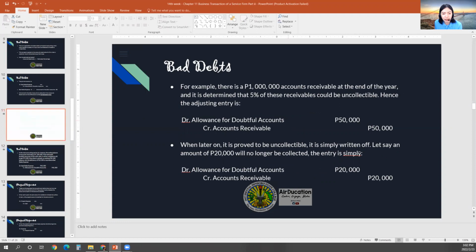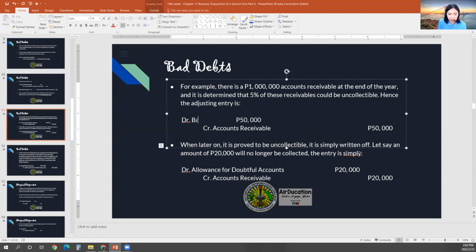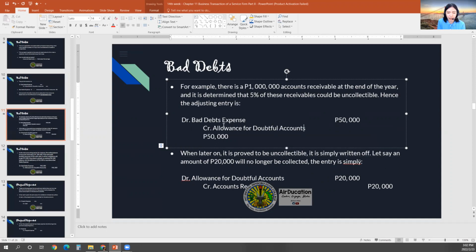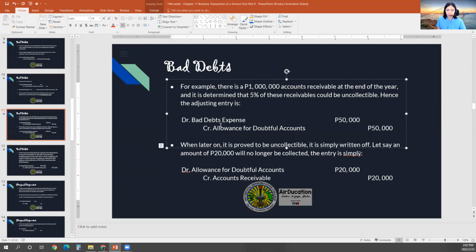So, dapat ang entry dito ay bad debts expense, could be uncollectible, and allowance for doubtful accounts. Pwede rin itong tawaging allowance for bad debts, ha? Not just for doubtful accounts. Doubtful kasi nga, possible pa lang na hindi makolektan. Maglalagay tayo ng allowance for that.